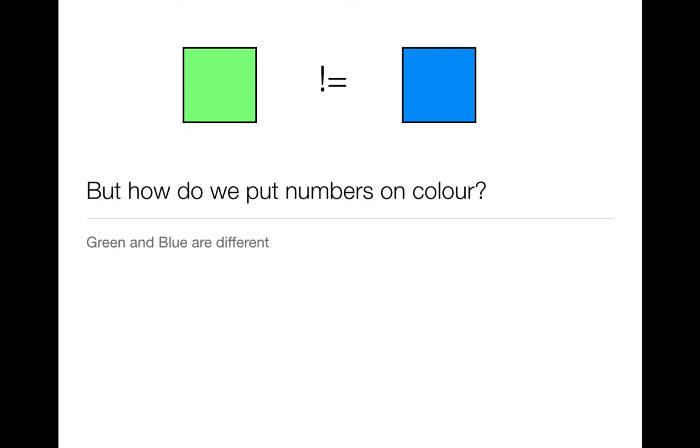But how do you put numbers on color? Green is different from blue. But is green more something than blue? It's more green, but what is it? How do you put order on color?